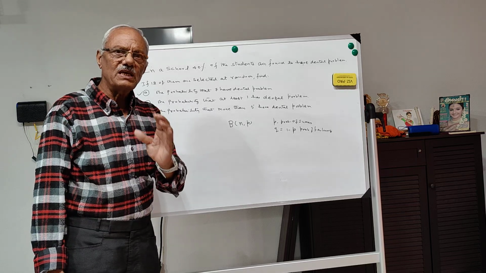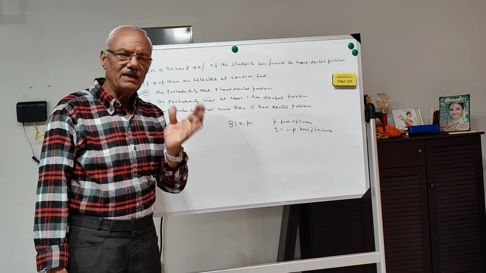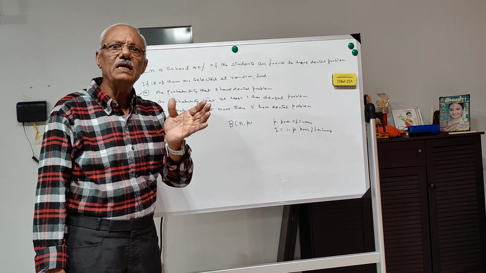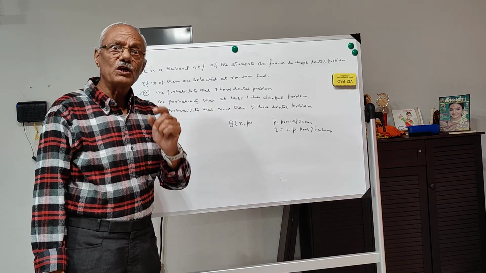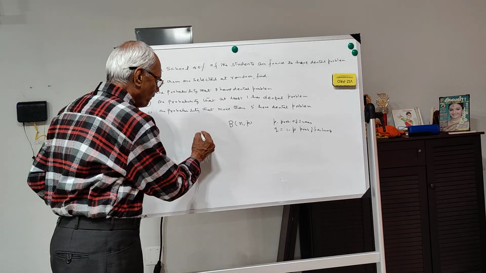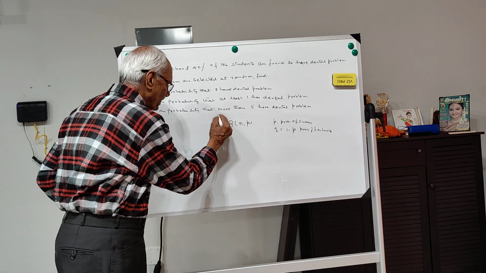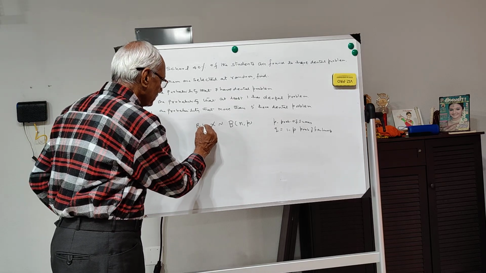What is a random variable x? A random variable is one which maps the sample space into real numbers.